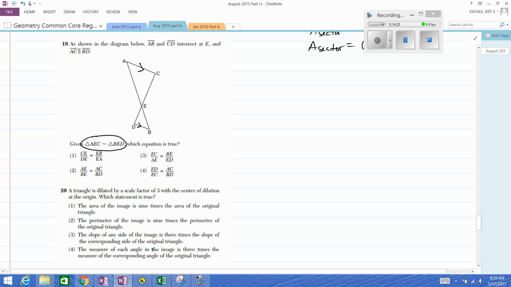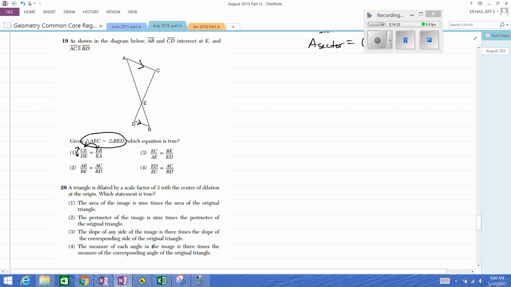We've got to make sure the corresponding sides are either one above the other, or across from each other that way. Okay, so first, if you look at CE, third and second letter, that's good. Those are corresponding up and down.